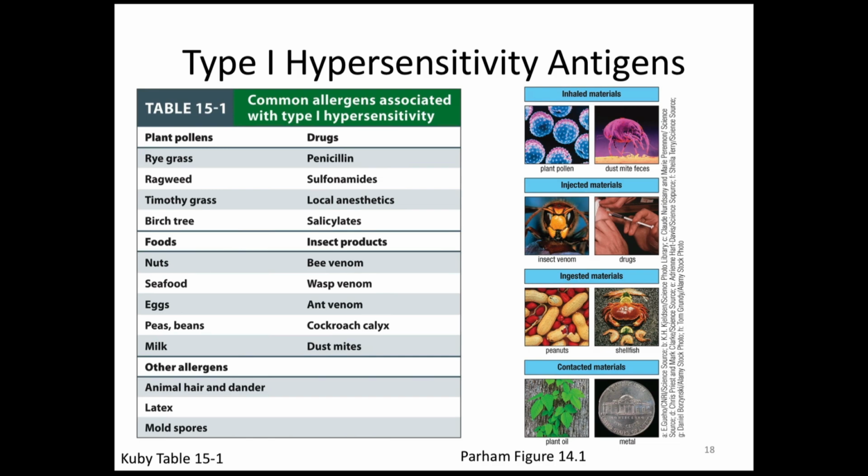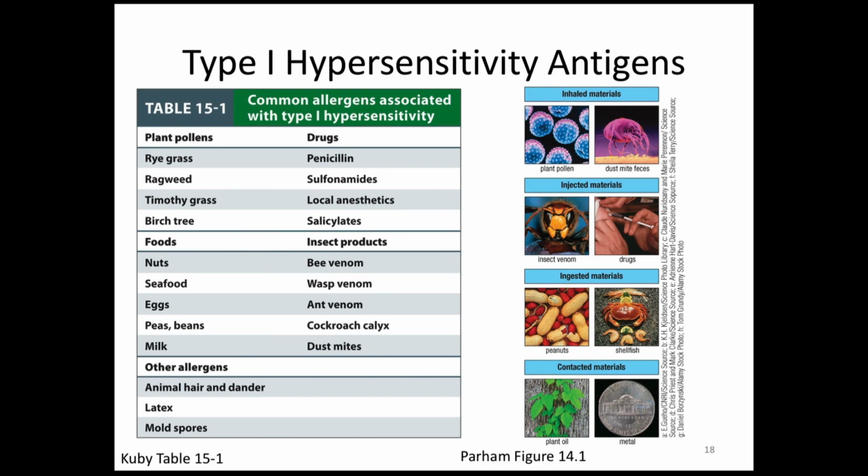You can see they can include ryegrass, ragweed, timothy grass, birch, a variety of drugs, peanuts, seafood, eggs, milk, bee sting, wasp sting, ant sting, cockroaches, dusts. This is cat hair, this is dog hair, any of your animal allergies. This is a latex allergy, this is a mold allergy. So there's a pretty big range of antigens associated with type 1 hypersensitivity responses.